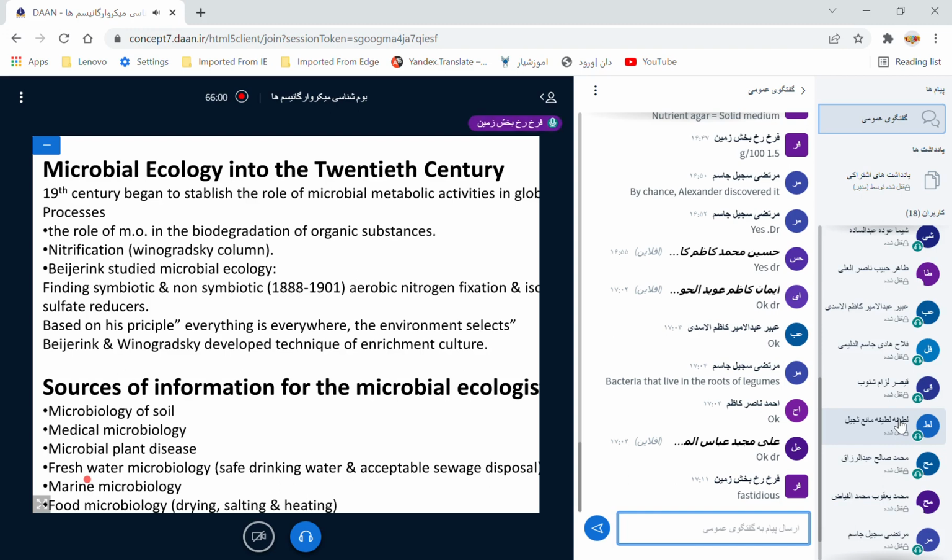Freshwater microbiology is very important. Two thirds of the water of the world is salt water in oceans and seas. A small quantity of the water in the world is fresh water, and we can drink it.